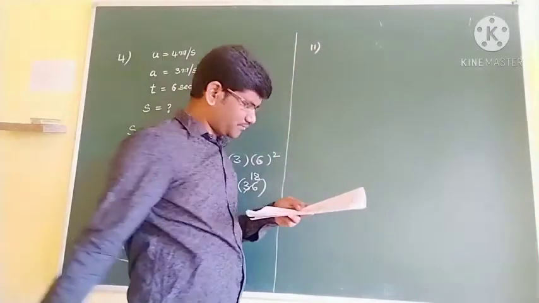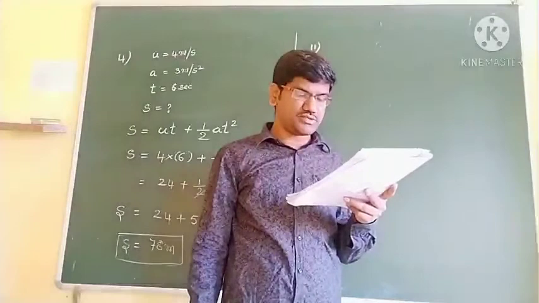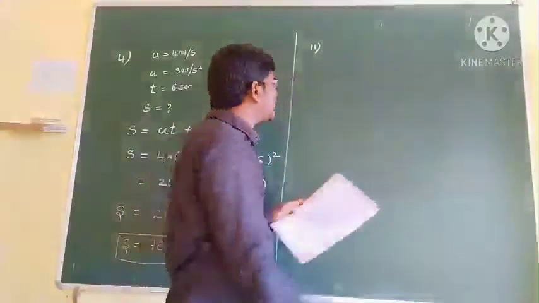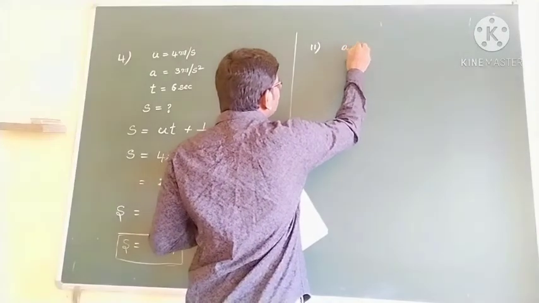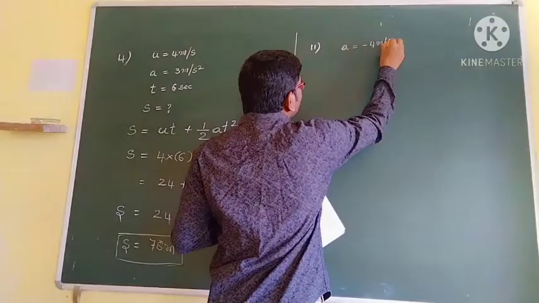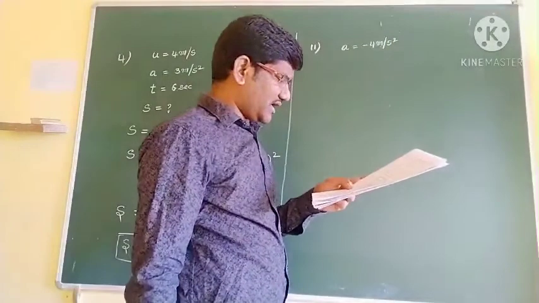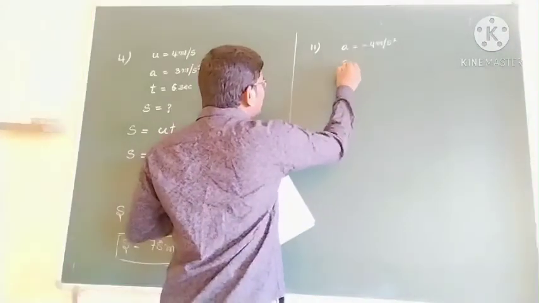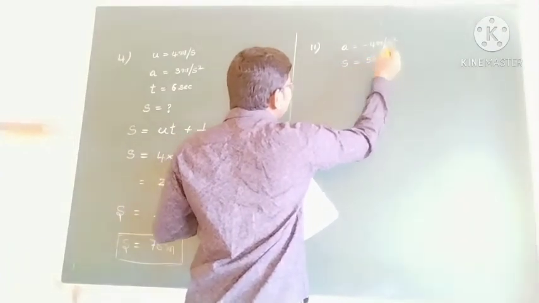Due to application of brakes which produces a uniform deceleration, A is equal to minus 4 meters per second square. A car comes to rest in 50 meters.